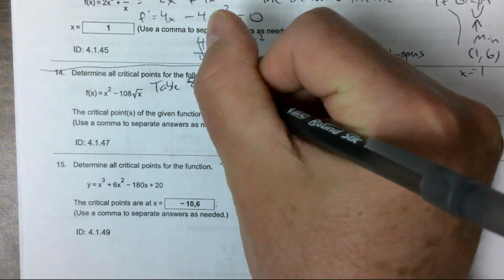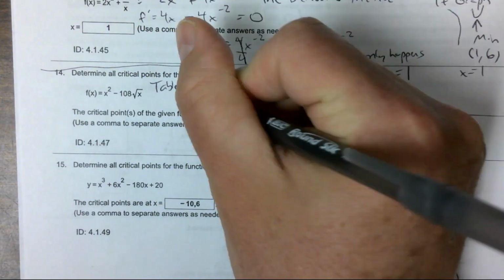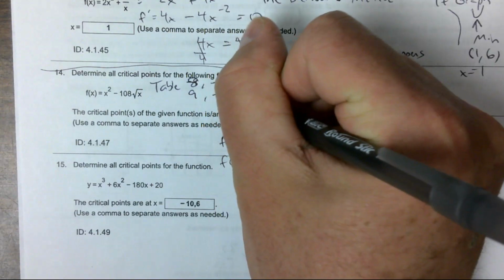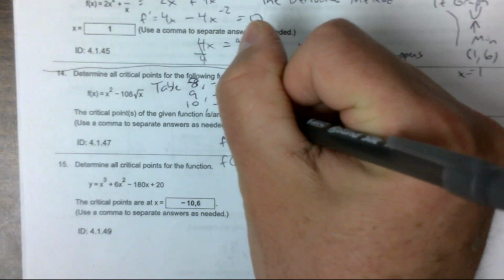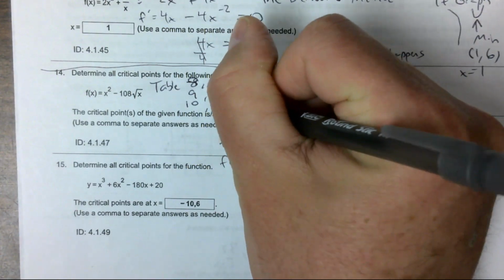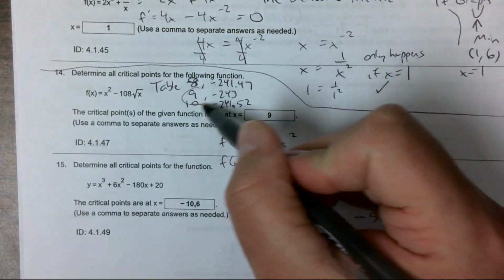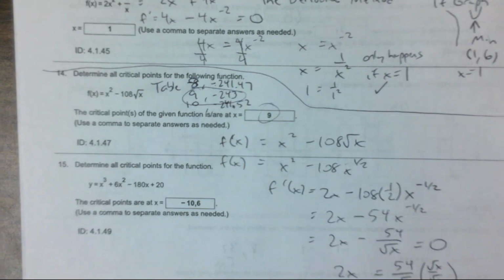8 with negative 241.47. 9 has negative 243. And 10 has negative 241.52. And so you can kind of see some symmetry there. And so this is going to be your answer. Okay.